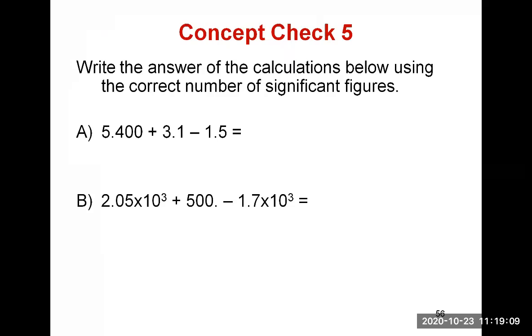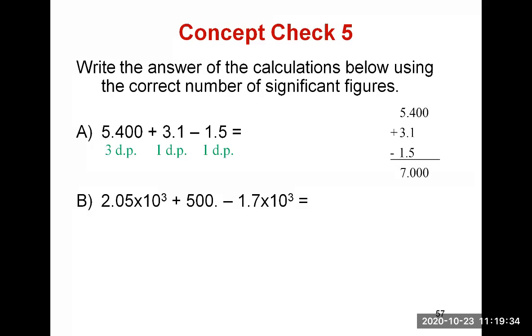So we need to determine what is the least precise digit place. And so here we have 3 decimal places in our first number, 1 decimal place in the second, and 1 decimal place in the third. You align them according to the decimal point and do the addition and subtraction.